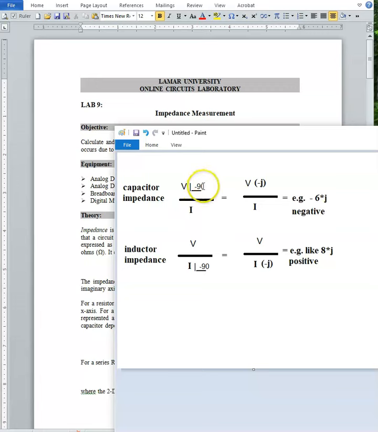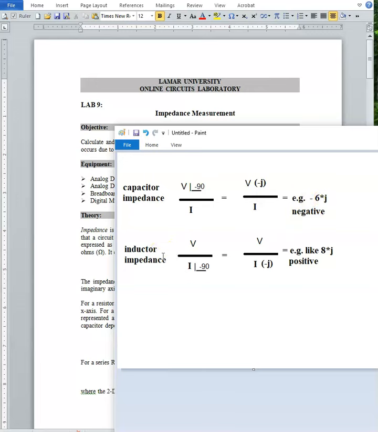Minus 90 degrees is the same as minus j, so this turns out to be a number like negative 6j. Because the voltage is delayed, you get an impedance that is a negative complex number like negative 3j, negative 4j, something like that.